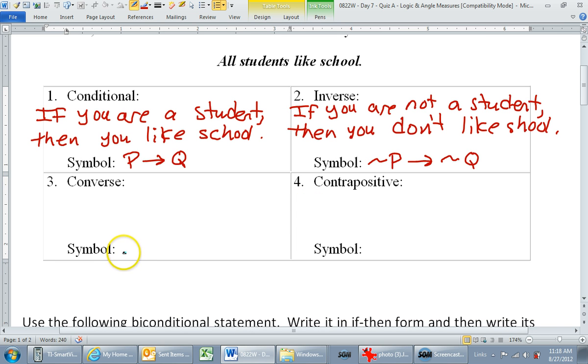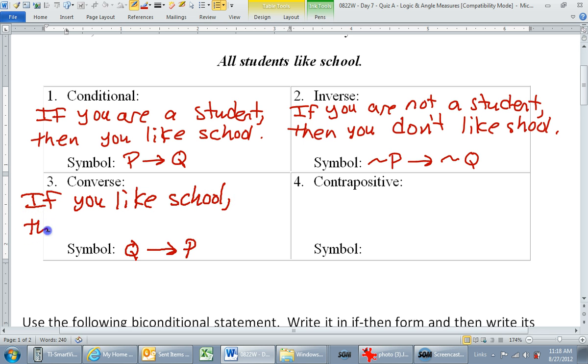What will be the symbols for the converse, you guys? Blurt it out. Just give me the symbol first. If Q, then P. Right, if Q, then P, because this is the one where we switch it up. Okay, and Devon was saying, if you like school, then you are a student.